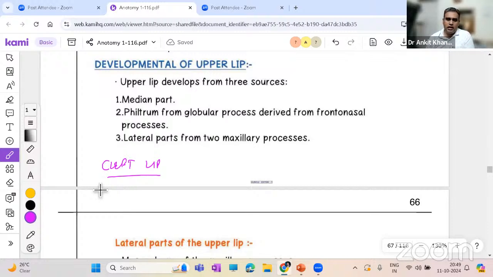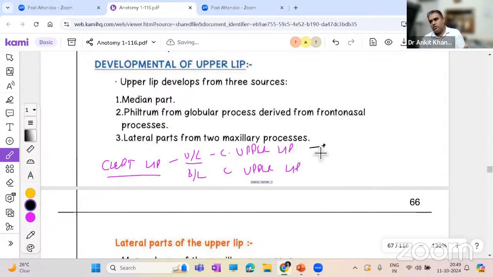Cleft lip is quite common, and it is divided into unilateral cleft, one-sided cleft upper lip, which is very, very common. Then there can be bilateral cleft upper lip. Now, if a question comes in MCQs, let me frame the question for you. They might give you a theory question, or they might give you the face of a child having a cleft upper lip.